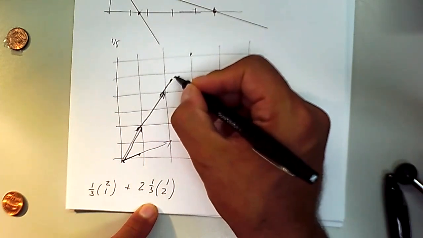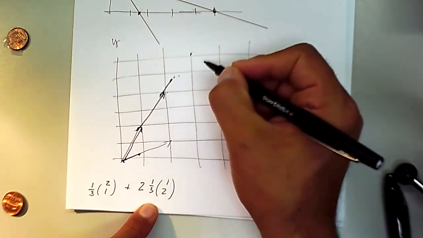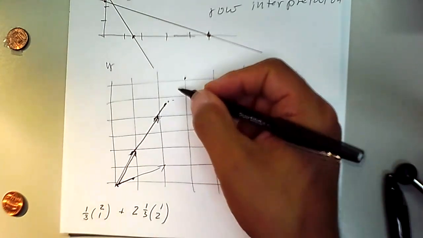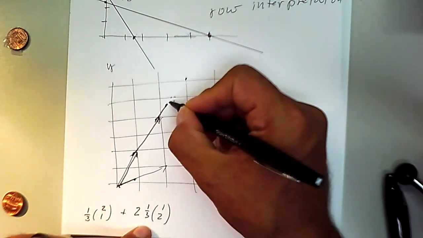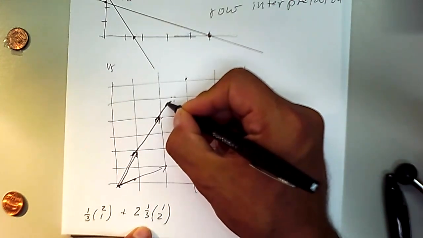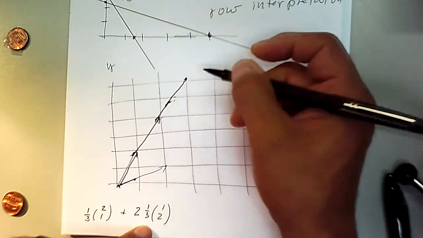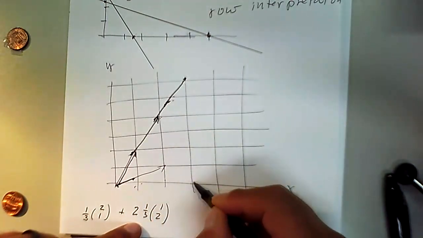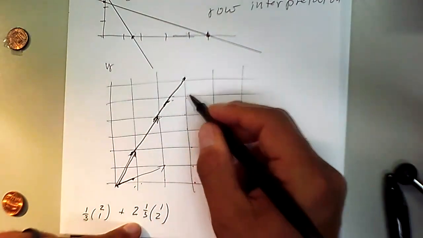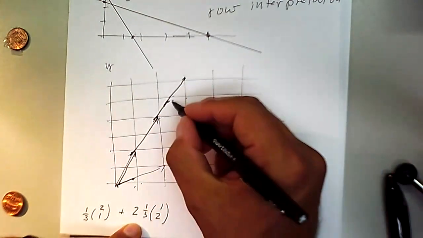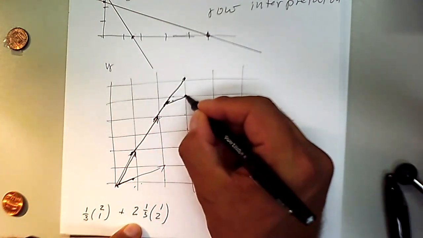And my drawing is not very good, but it should come up to here. 1, 2, 3, 1, 2, 3, 4. Oh, no. I overshot. It's here. There we go.